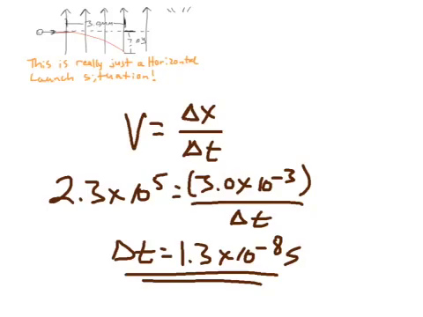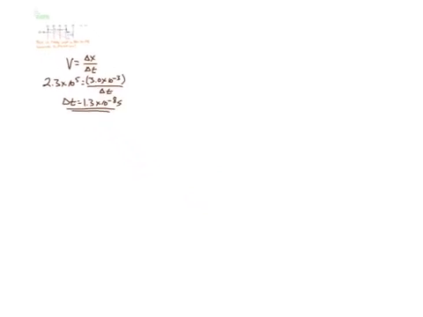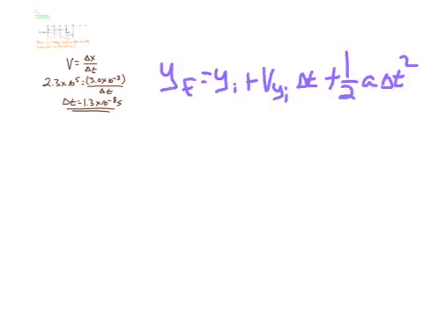And of course, because we remember what it's like to do some horizontal launch problems, we know that the next thing we're going to do is simply use the second kinematics equation to figure out the distance that it drops. So we'll start out with yf equals yi plus vyi t plus 1/2 a t squared. Because our initial position is 0, and our initial y velocity is 0, since it's all x velocity as it enters this field, we can just change this to yf equals 1/2 a t squared.